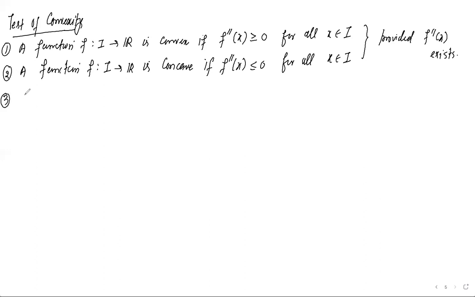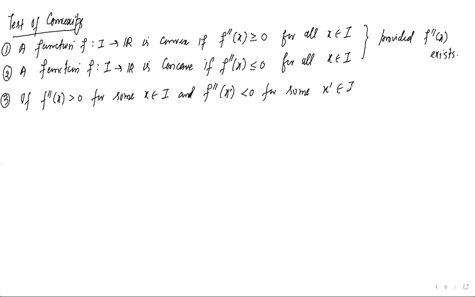And in fact, if f double dash of x is greater than 0 for some x belonging to I, and f double dash of x dash is less than 0 for some x dash belonging to I, then f is neither convex nor concave.